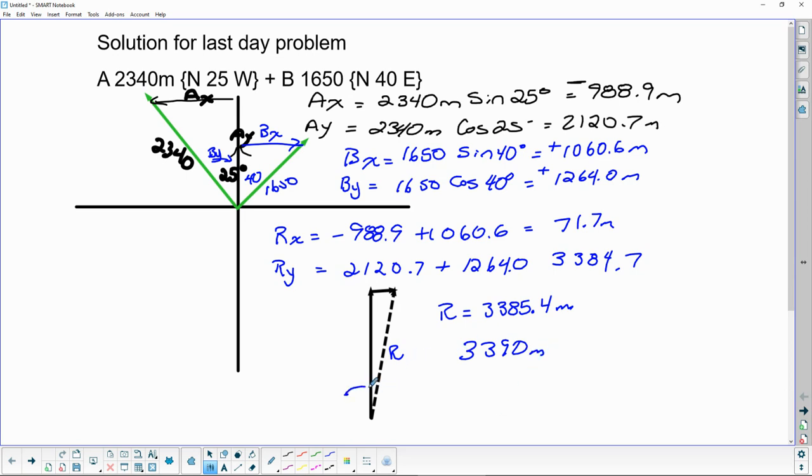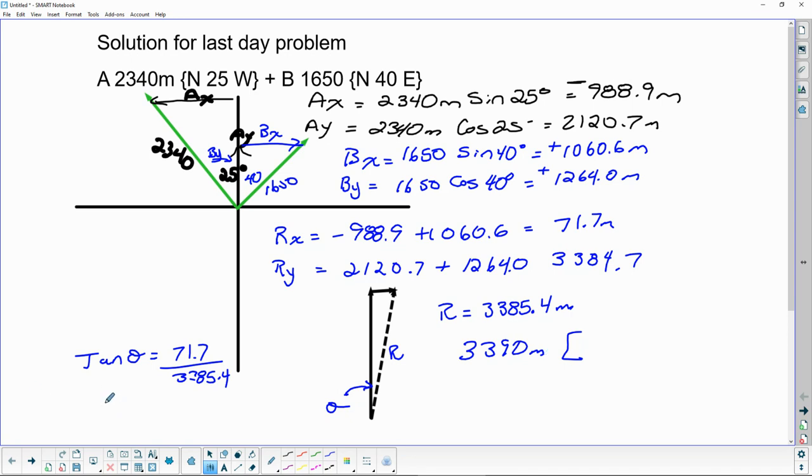And we need to know how big this small angle is going to be to get our direction. So we know that it's going to be going north, some little bit west. So we go tangent of theta is 71.7 over that 3,385.4. Notice I'm not using the rounded off stuff until the end.